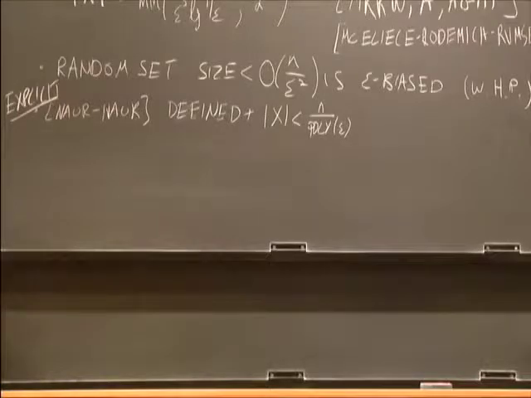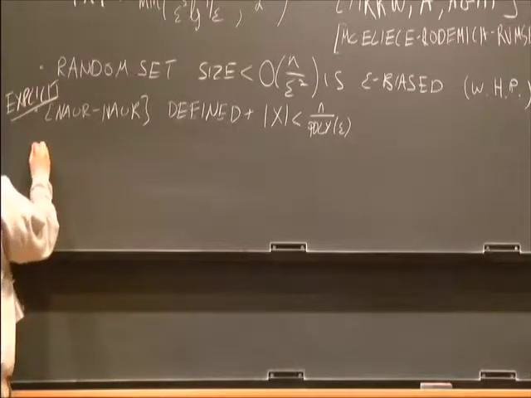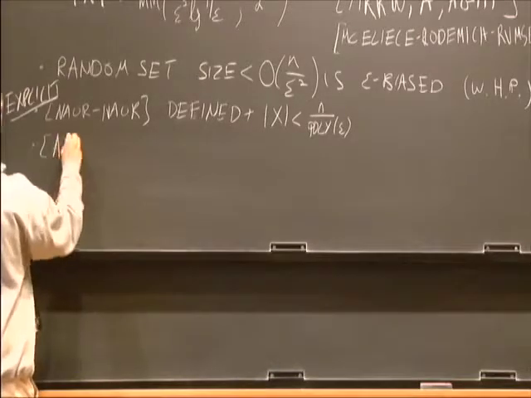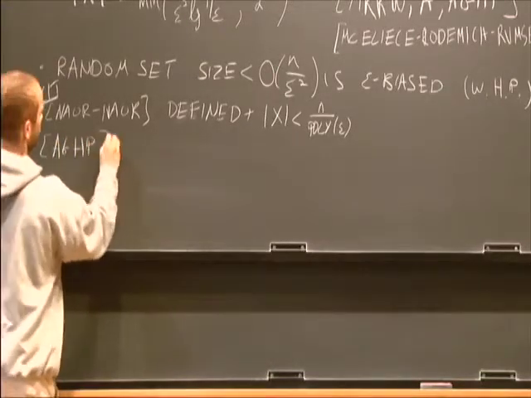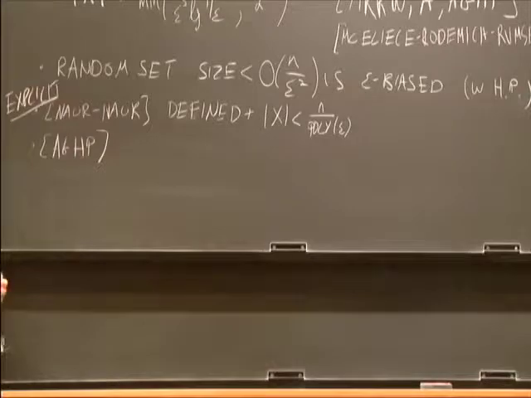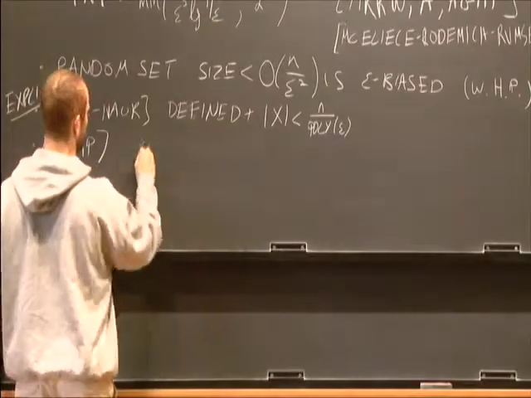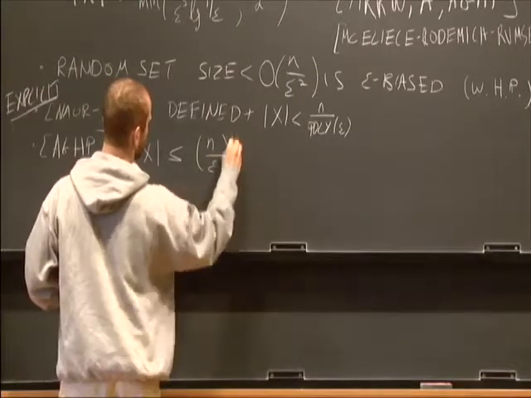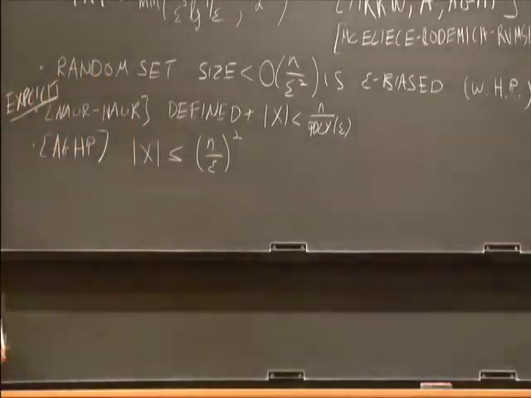Then, I'm not sure about the historical order, but in this paper they constructed a set of size n over epsilon squared.